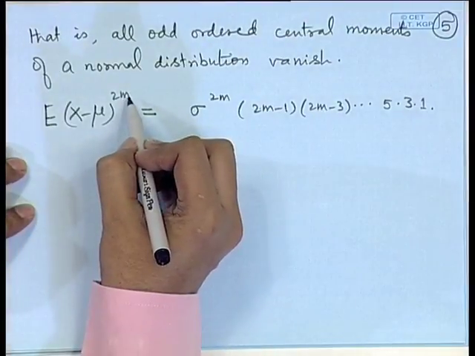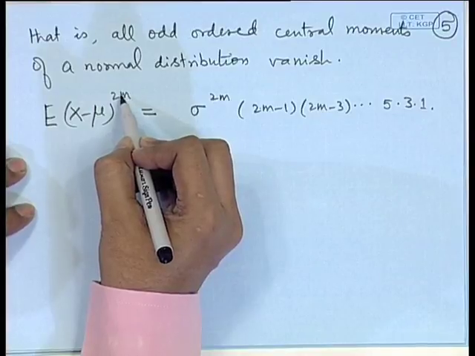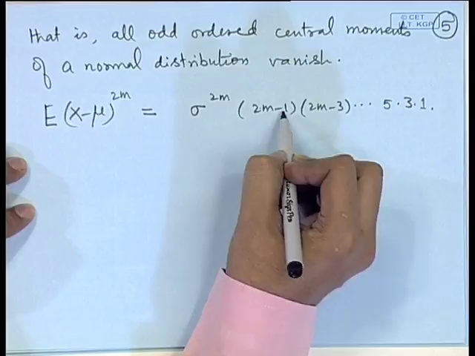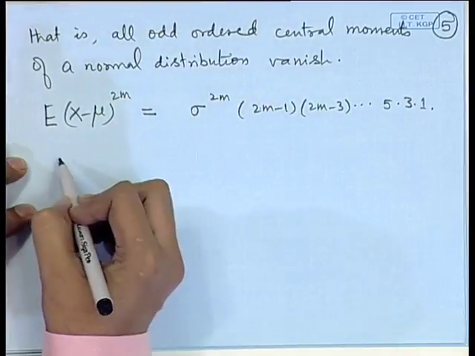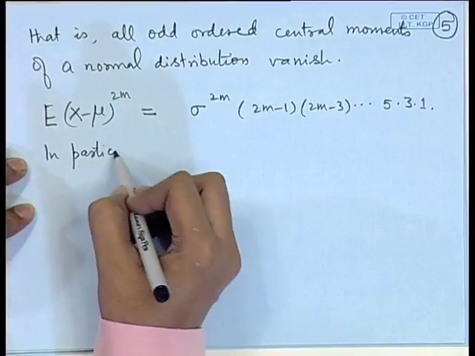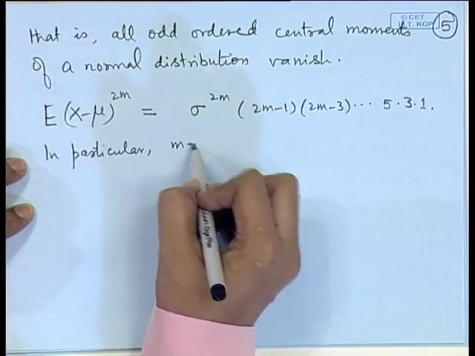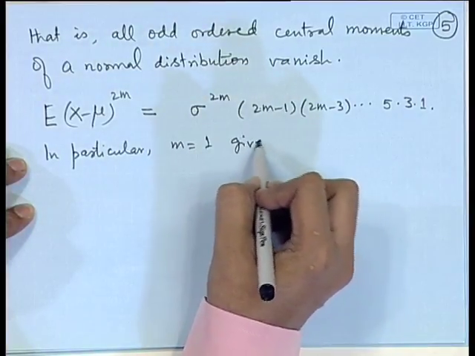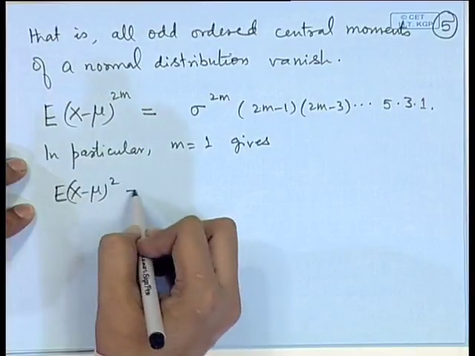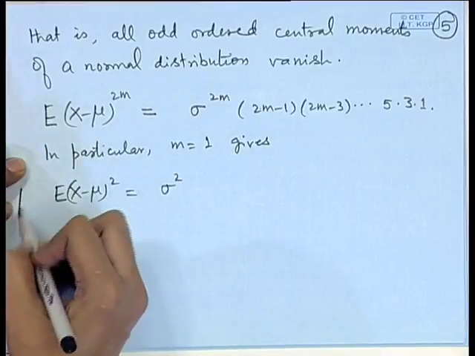In particular, suppose I put m is equal to 1 here, then 2m minus 1 is 1. So, that is sigma square. So, in particular, if I put m is equal to 1, this gives expectation of (x minus mu) square equal to sigma square, that is mu 2.